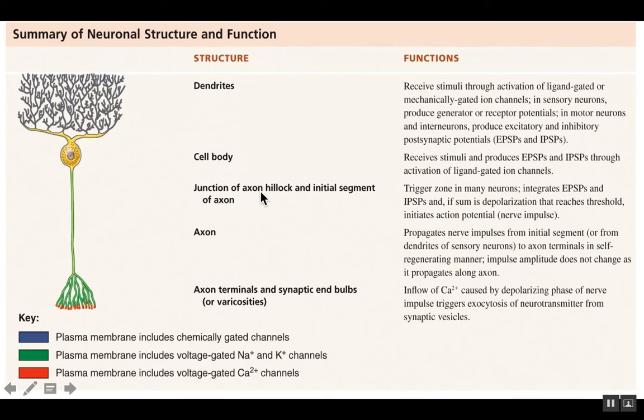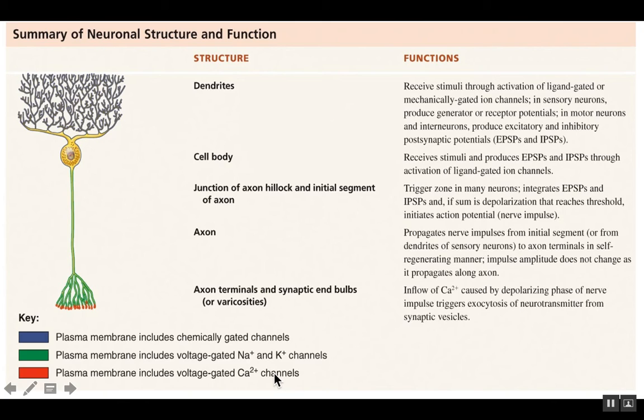The junction of the axon hillock and initial segment is the location where the action potential will arise. And then the axon is going to propagate the wave of depolarization followed by repolarization until it reaches the end bulbs, where we have an inflow of calcium ions due to the voltage-gated calcium channels located in those end bulbs.